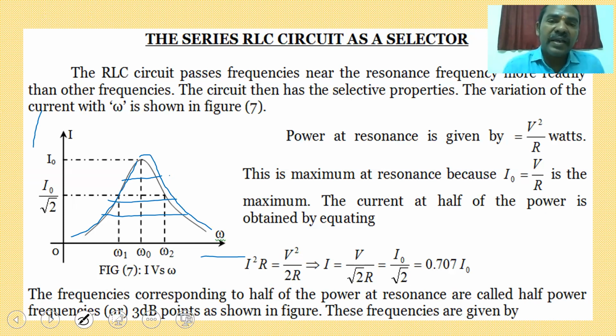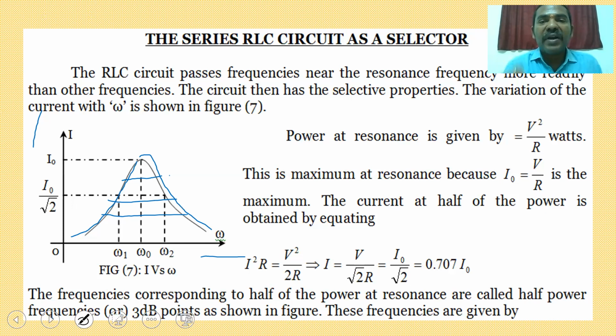Why you are taking the half power condition means the maximum power is transferred from source to load when the load resistance is equal to the internal resistance, or the load impedance is equal to the complex conjugate of the internal impedance. Under that condition we get VTH square divided by 4 times RTH.